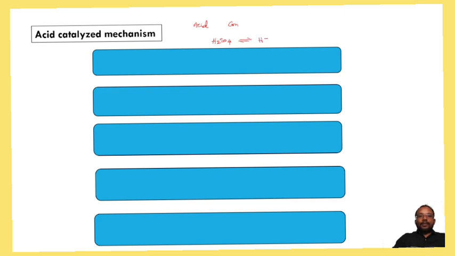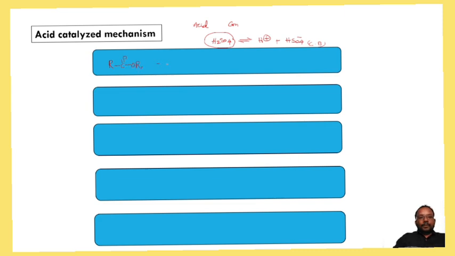It ionizes into a proton and HSO4 minus, where HSO4 minus acts as the conjugate base. So the acid is a proton source. It gives H plus ions very easily.